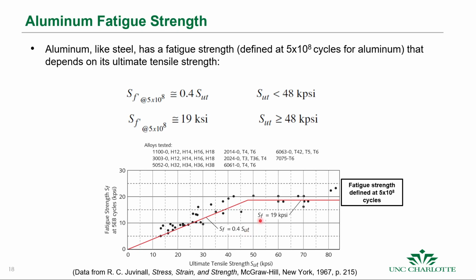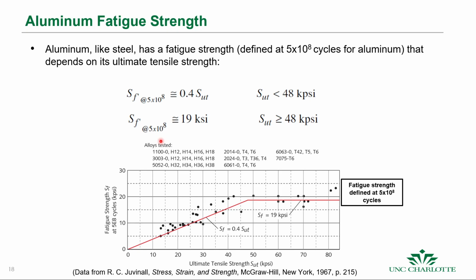The fatigue strength for aluminums that have greater than 48 kpsi ultimate tensile strength is 19 kpsi. So you can see we have similar cases, but the caveat is these are not endurance limits like we saw in steel. These are fatigue strengths.